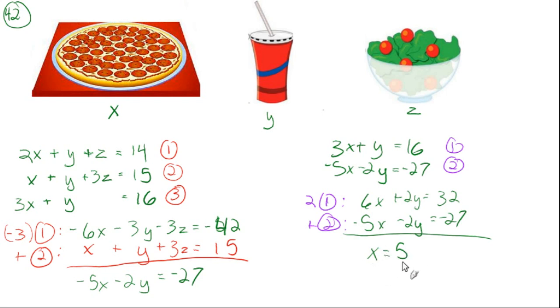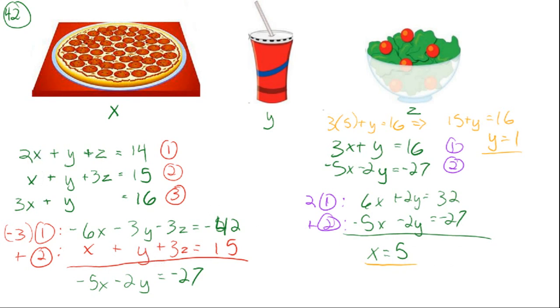So if x is 5, let's put that in here to this equation. So 3 times 5 plus y equals 16. So 15 plus y equals 16, and y equals 1. So there's x and there's y, and now we need to find z.